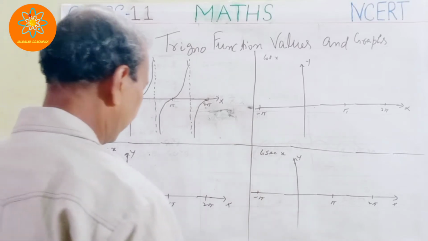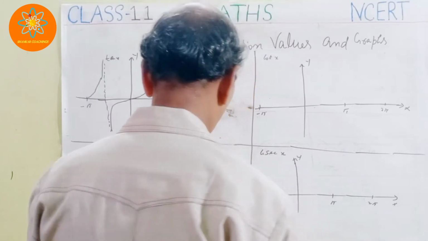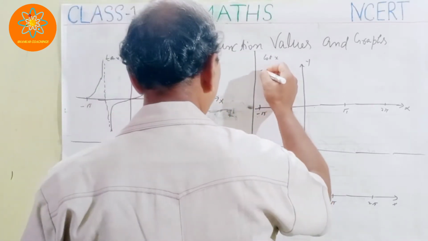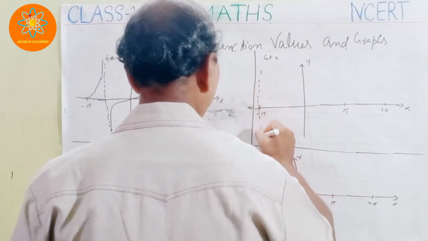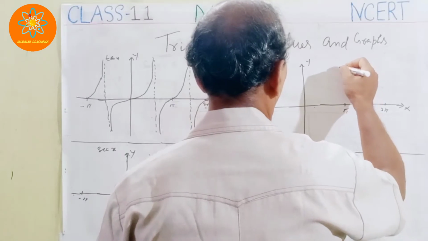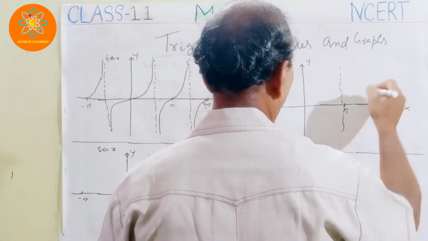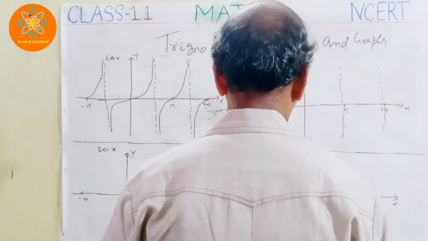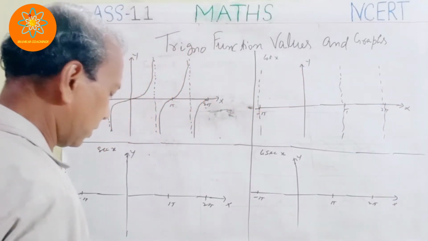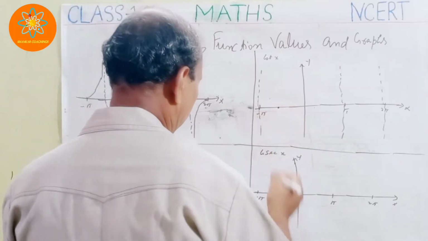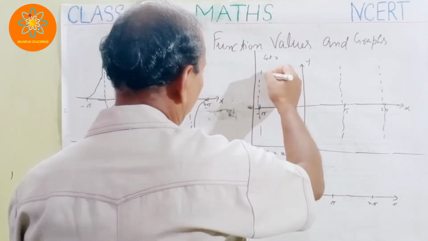Now let's suppose the next one is cot x. So for the case of this cot x, it is not defined at minus pi, and it will also not be defined at pi. It is not defined at 2 pi. So in the cot x, how the graph will be there? At this point, it is not defined. So the graph will be like this.